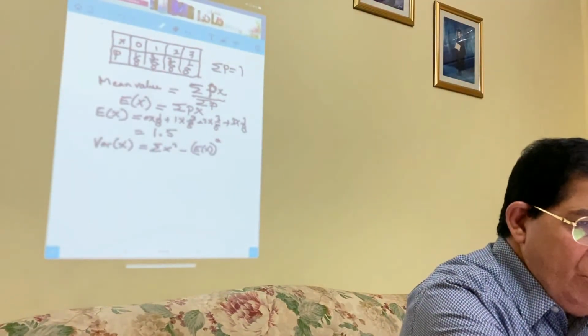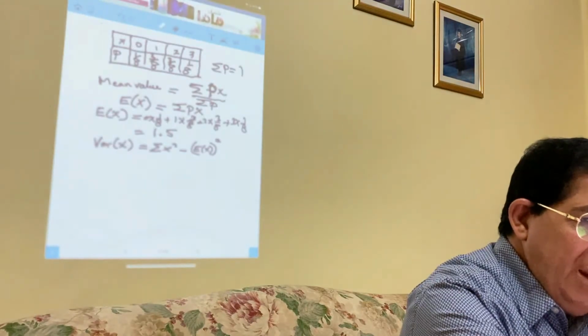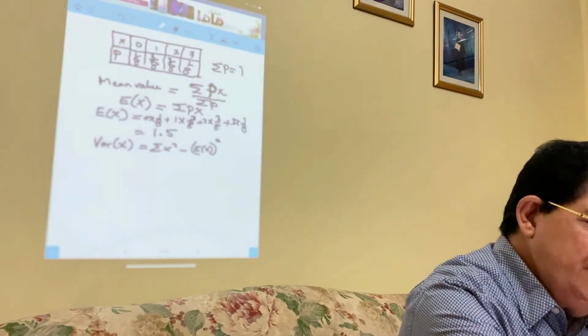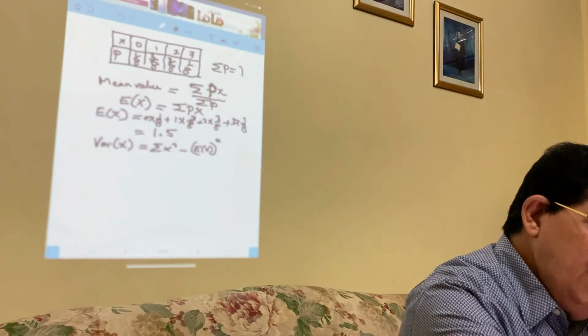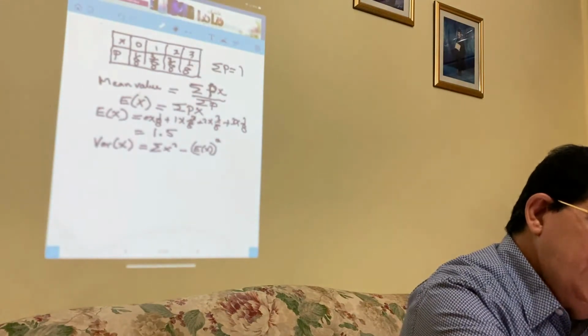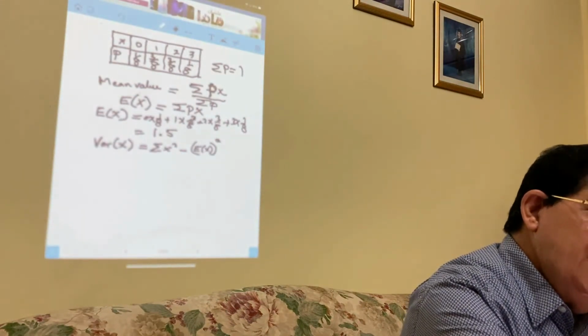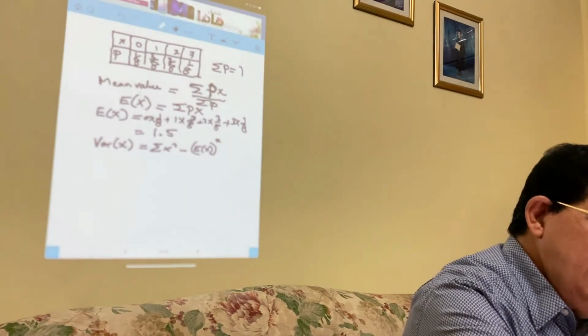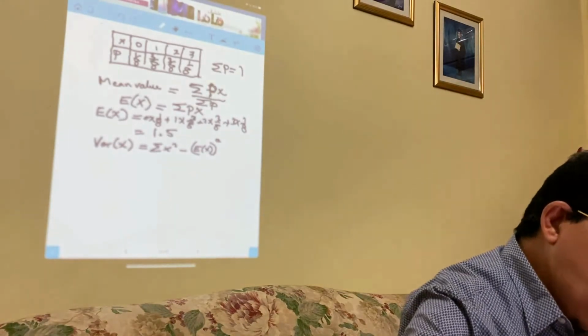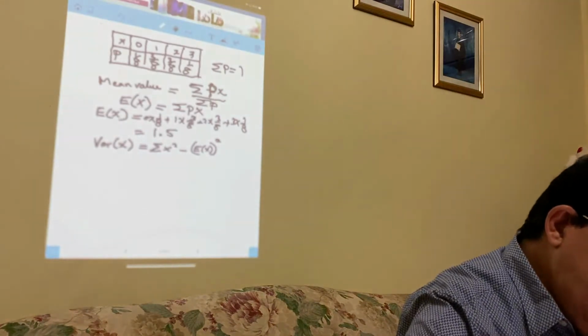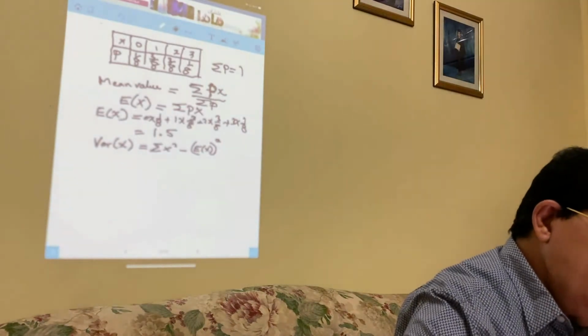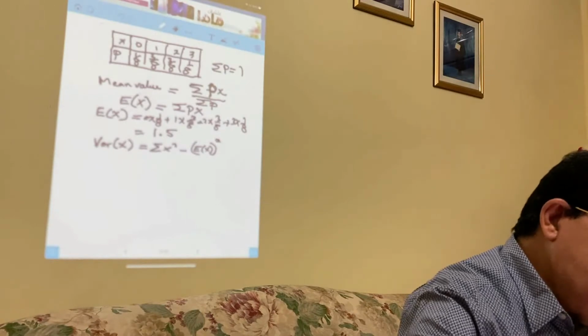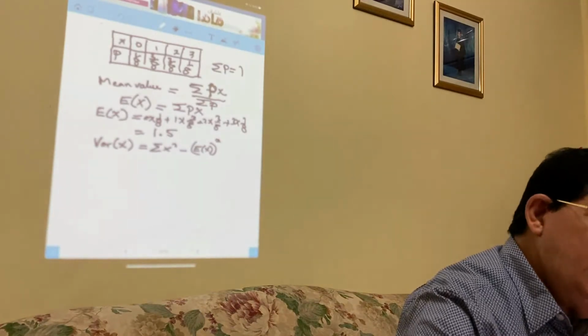Variance used to be called sigma x squared over n. Here n is 1, minus sigma x all squared over n. This is the new equation for the variance of x, because here we have sigma p is 1.